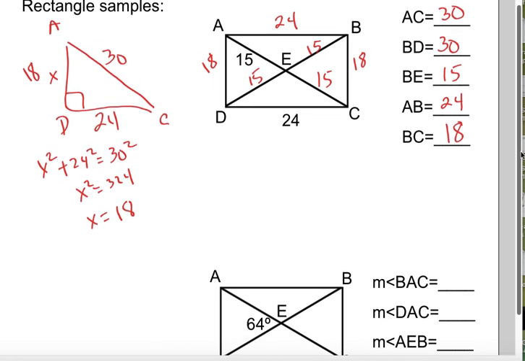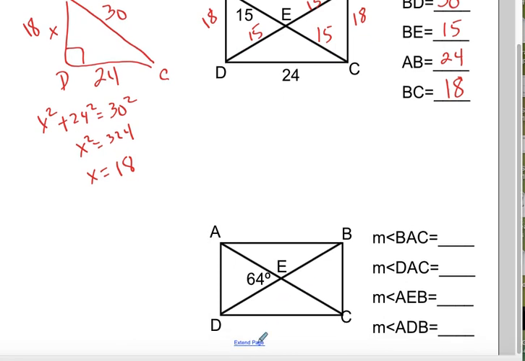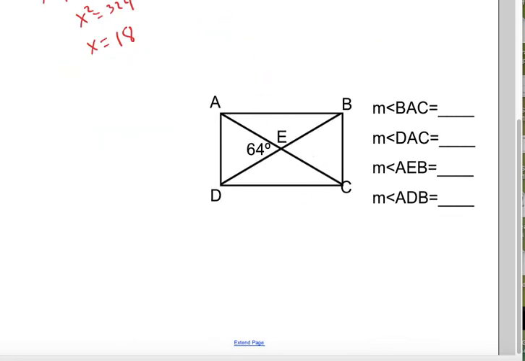So that one involved the side measurements. This one at the bottom involves angles. So we have to remember that being a rectangle, all the pieces of the diagonals are congruent, again forming isosceles triangles, where those four match, and then these four will match.